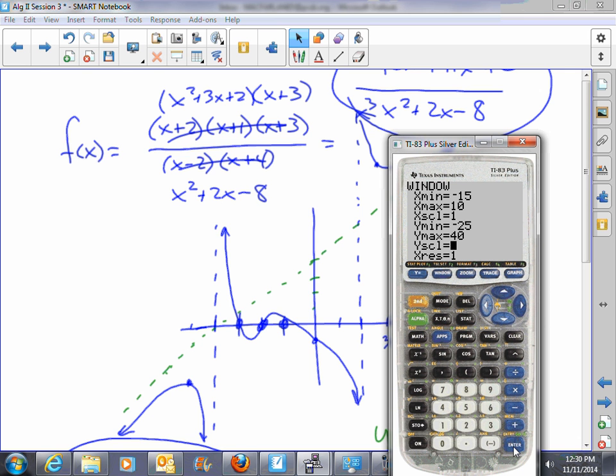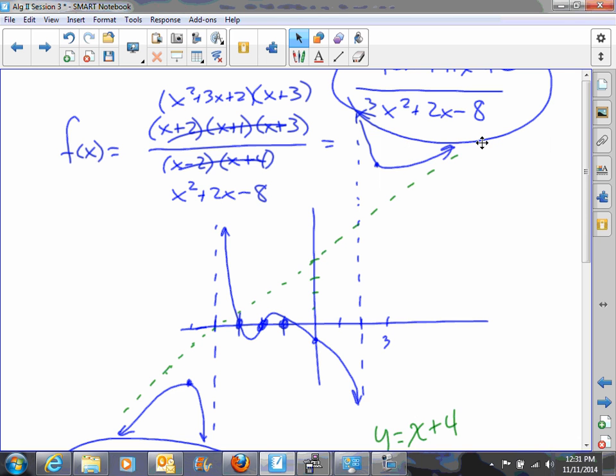Down on the next line, let's put in x plus 4. Notice that line does make it look like an asymptote after a while, but you can't really tell what's going on in the middle in that particular window. So that's what we have with oblique asymptotes, okay?